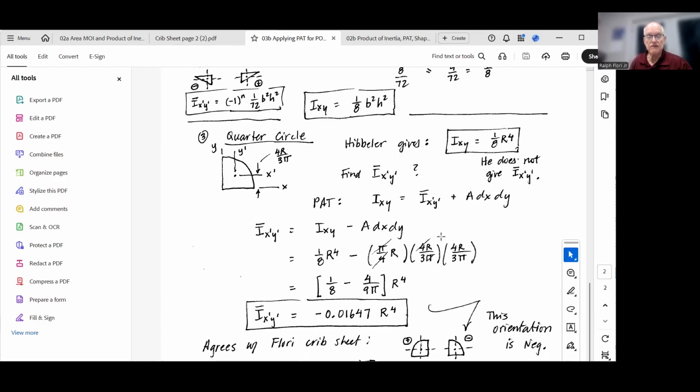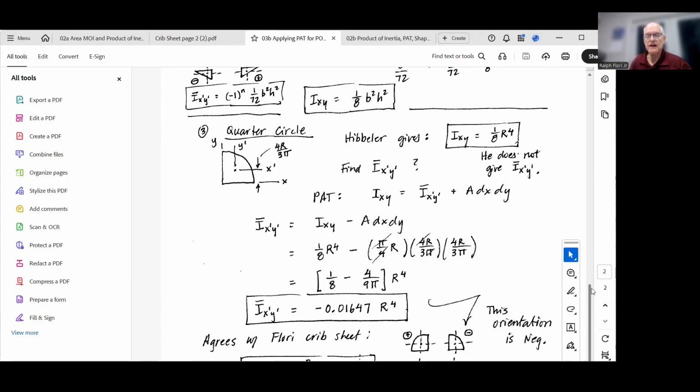The 4's cancel, 2 of the pi's cancel, and so you're left with 4 over 9 pi. And of course, we factored out an r to the fourth. There's an r to the fourth here, and then r squared times r, which is r to the fourth. So 1/8 minus 4 over 9 pi is negative 0.01647 r to the fourth.